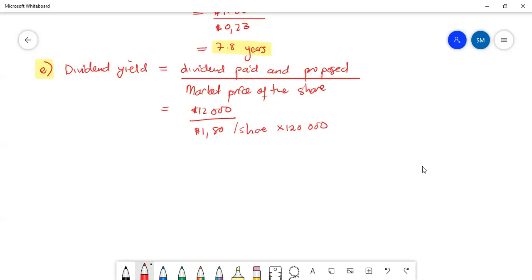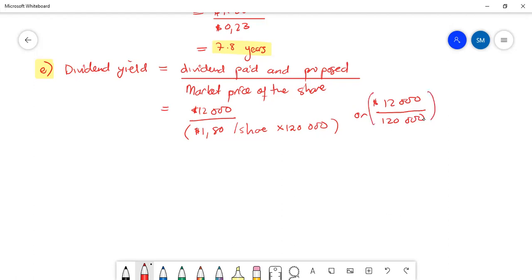So you're now saying 12,000 divided by $1.80 times 120,000. Or you can say this 12,000, which is your dividend, you want to find your dividend per share first. So you're going to say 12,000 divided by the total number of shares, 120,000, and you get your dividend per share.